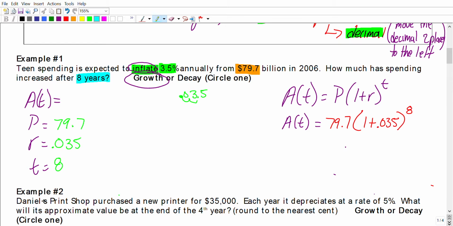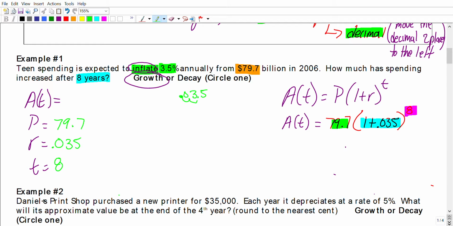You should be able to type it in just as it is right now. If you don't have one of those graphing calculators, remember that you can always do this part first, raise it to the 8th power, and then take that answer and multiply it by 79.7. Let me take my calculator real quick and calculate this.